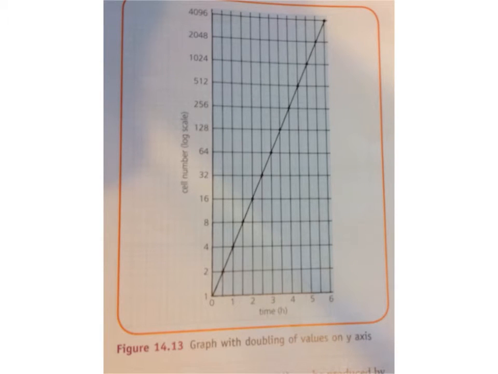So I've just talked about how tricky it is to be plotting this graph of growth on a sheet of normal graph paper. And one way of solving that problem is to use a scale that doubles in number each time going up the y-axis. So here, when you look at this graph, you'll see that each of these is plotted and the numbers are doubling.